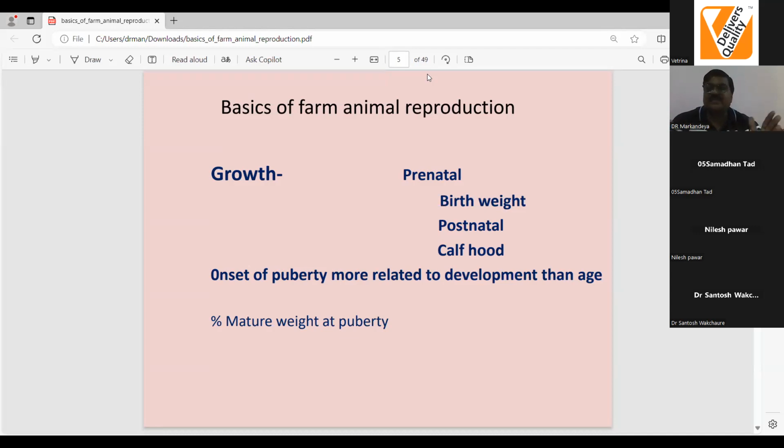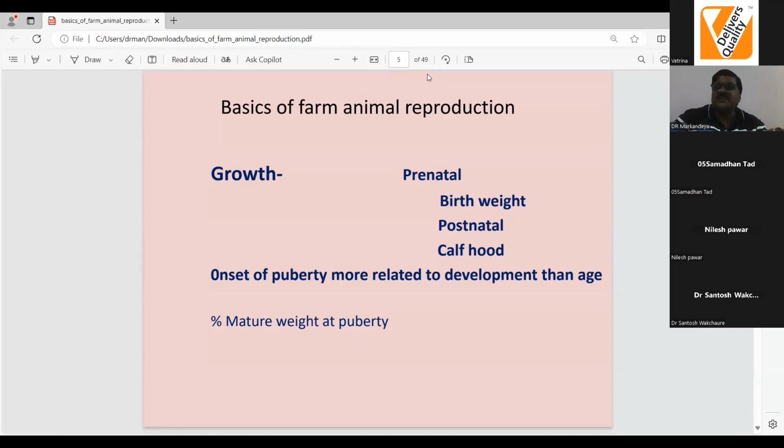So please remember that when there is a synchronization of all these factors, the first estrus is expressed in the animals. Generally, we consider that 40% of the mature body weight is necessary for initiation of puberty, and puberty indicates the first estrus. Once the animal achieves 40% of its mature weight, the animal will come into estrus. The first estrus is always a mad desire.